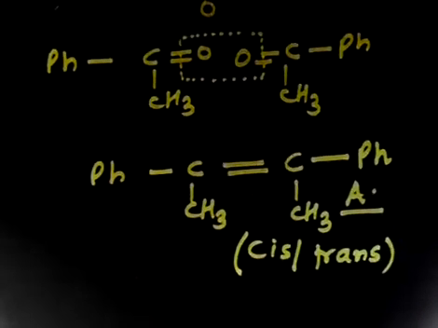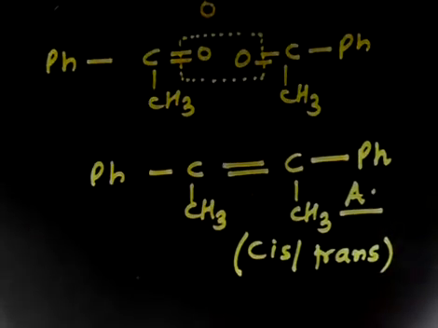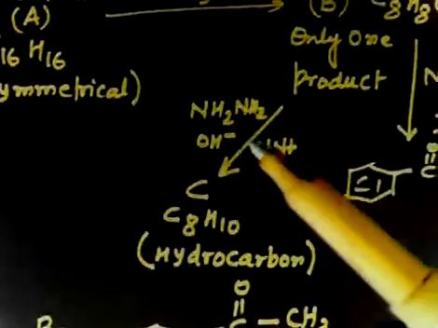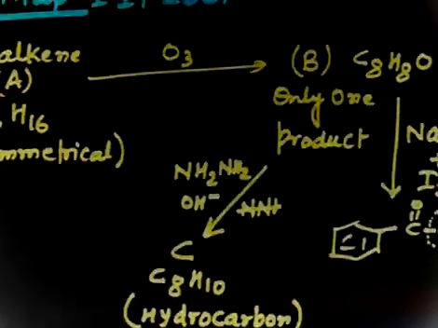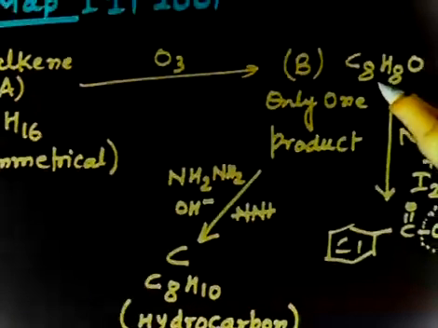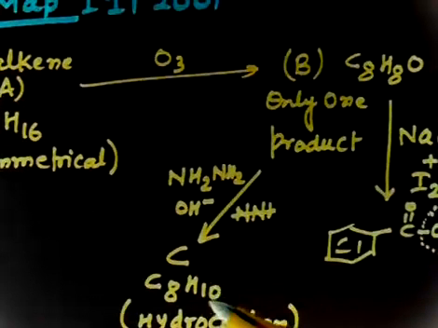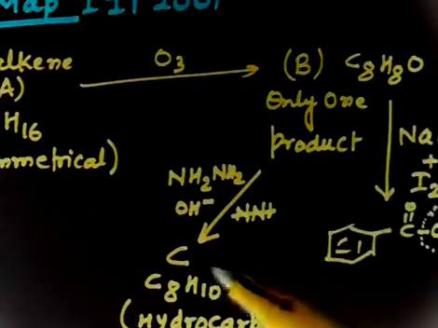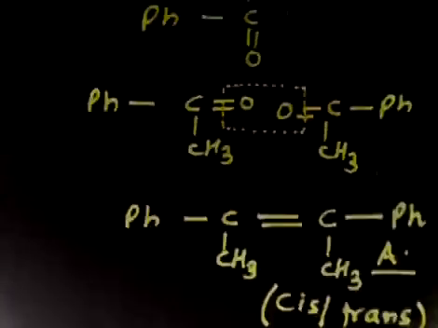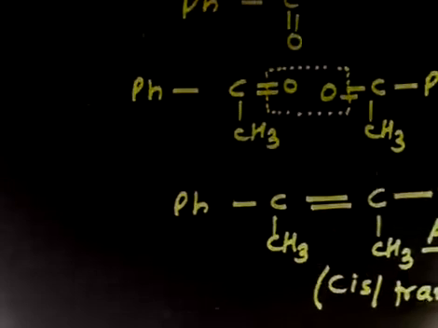Are you getting? Now the question says write down the structure of C. So C is formed with NH2NH2 and OH minus, and CO will be converted into a CH2 group. You can see it here itself: you have 8 carbon, 8 hydrogen and 1 oxygen, and now you have 10 hydrogen. So you can clearly see 1 oxygen is replaced by 2 hydrogen. This means the CO group has been converted to a CH2 group.